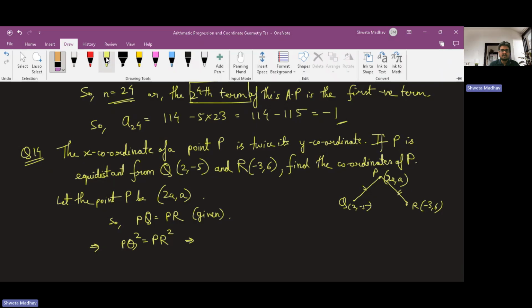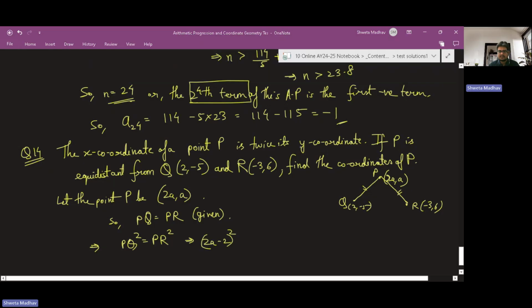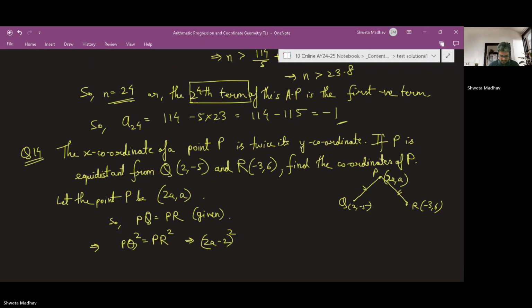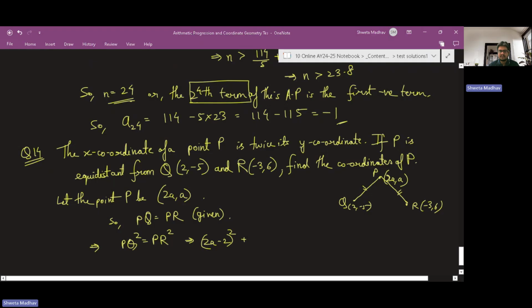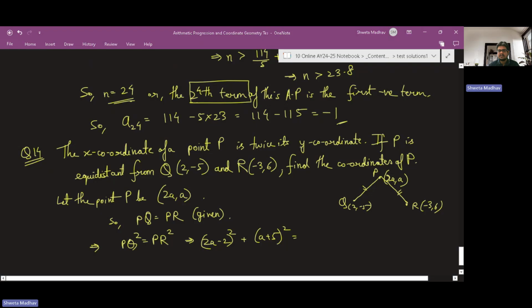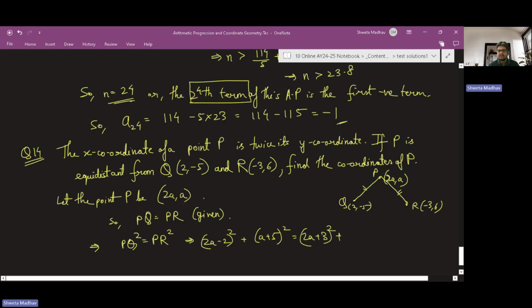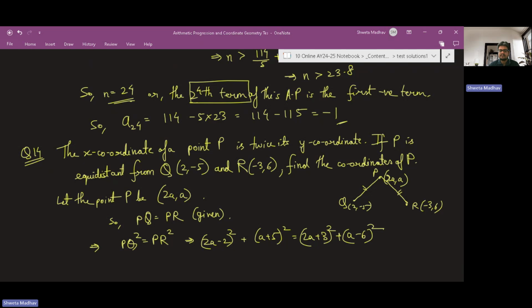PQ square will be equal to 2a minus 2 whole square plus a plus 5 whole square. That should be equal to 2a plus 3 whole square plus a minus 6 whole square.